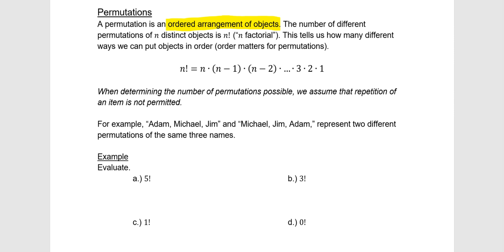We put an exclamation point and read that as n factorial. This tells us how many different ways we can put objects in order. So n factorial means the number itself times the number minus 1, times the number minus 2, and you keep on subtracting 1 until you get to 3, 2, 1.